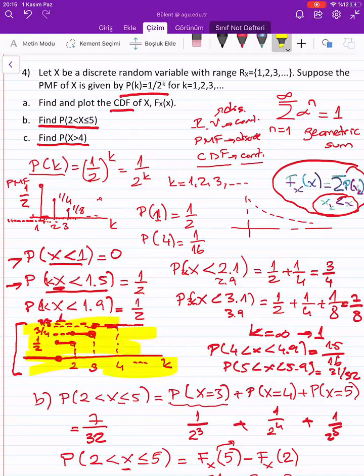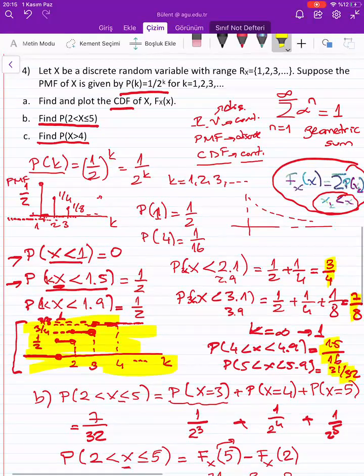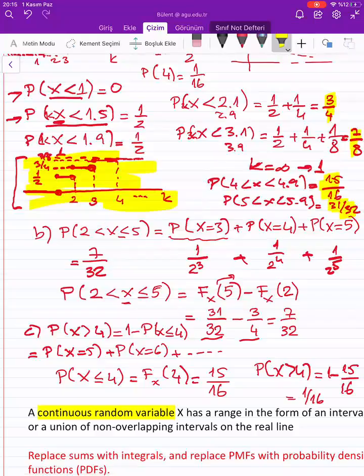And then we have calculated certain CDF values at something between 2 and 3, something between 3 and 4, something between 4 and 5, something between 5 and 6, and so on.